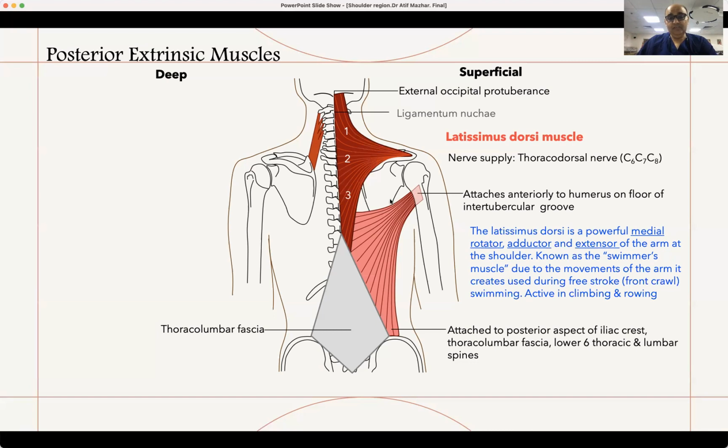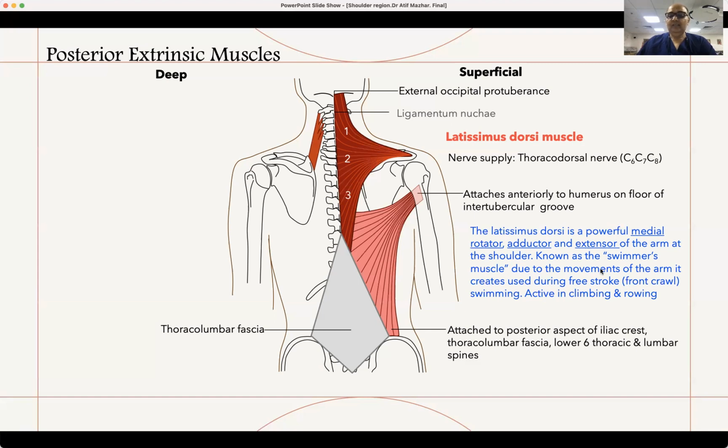Adductor: when this muscle contracts, it brings my arm towards the body. And extensor of the arm at the shoulder, that's important. So anything which is highlighted or underlined, you should know this much. The other part is good to know, but you must be good with that.